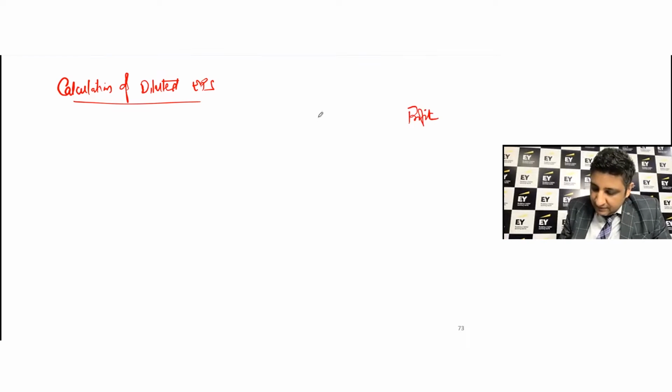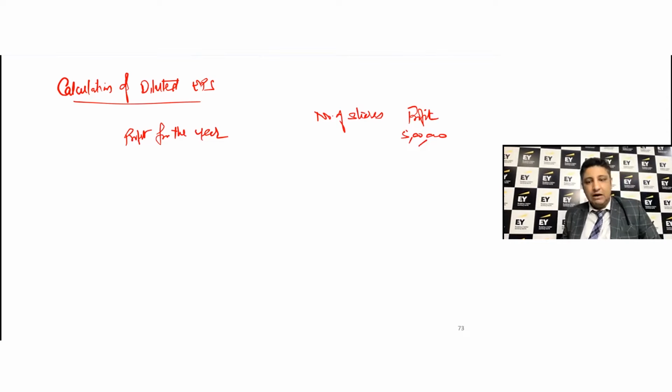Let's write the term profit here and the number of shares. Let's start with the profit. Let's say profit for the year, which is 5 lakh. Now, what is the dilution impact we are talking about? We are saying that there is a portion of debt which is not converted for the whole year.